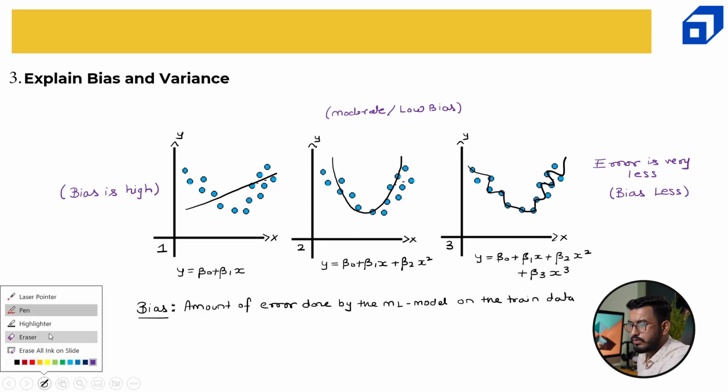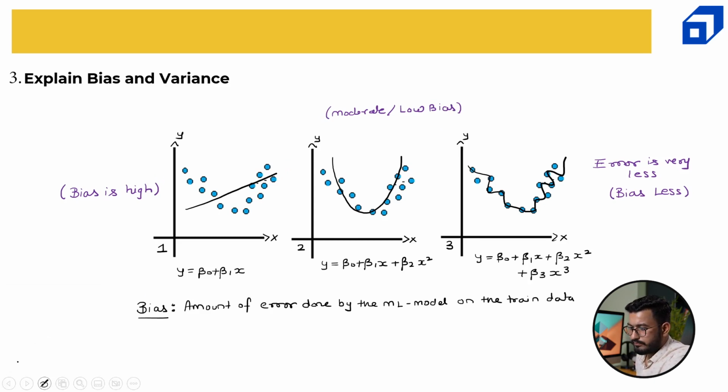Now let's talk about variance. Variance is basically the sensitivity of the model towards the trained data. Now when I say sensitivity, please do not confuse this term with the terms that we use in classification model. Sensitivity means how much attached the model is with the trained data.